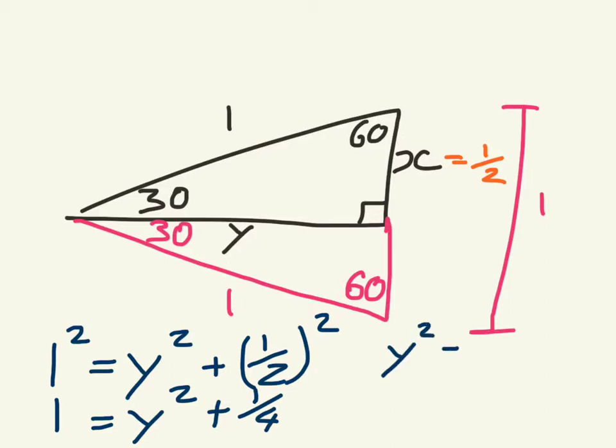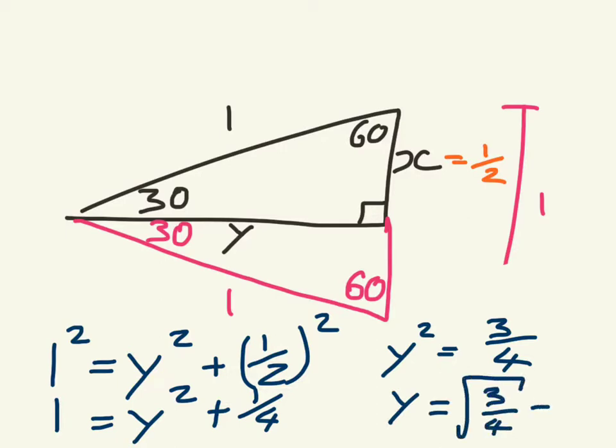So y squared equals 1 minus a quarter, which is 3/4. So y is the square root of 3 over 4. It's the exact same thing as root 3 over 2. Alright, so that's basically all the stuff we did yesterday.